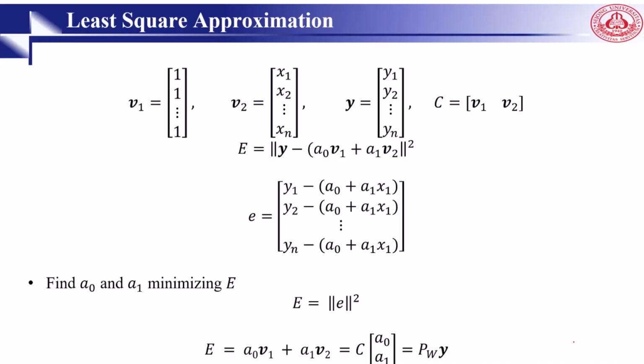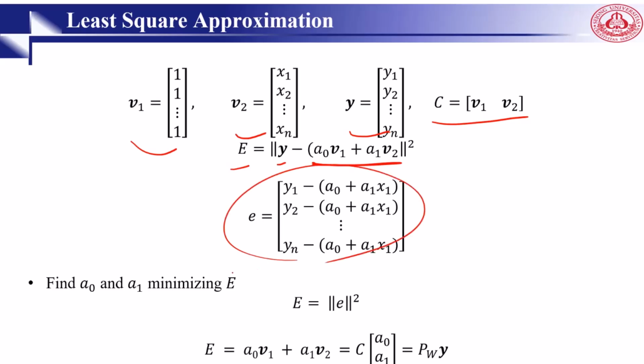Suppose we have three vectors, v1, v2, and y, and we have W as the span of v1 and v2. In this case, we can write the error equation as E equals the norm squared of y minus what we have predicted. We want to minimize E. We need only choose the vector in W that is nearest to y, but from the closest vector property, this vector is the orthogonal projection of y, as we discussed in the previous slide.